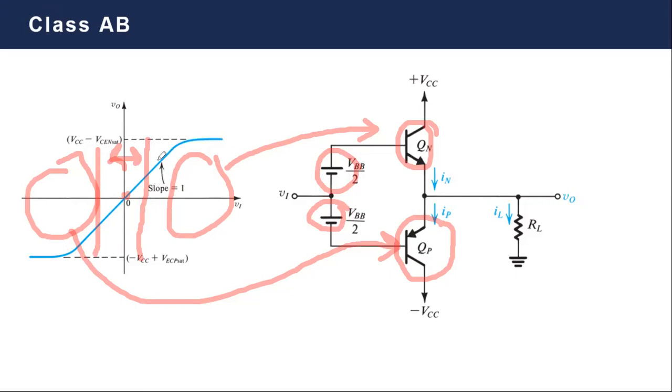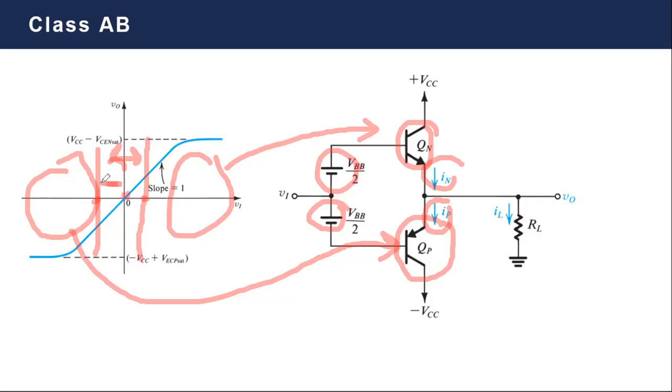When you go to the positive side, the current due to IN increases and the current due to IP decreases till you reach the boundary at this point where QP turns totally off, and your operation is mainly due to QN. And vice versa will happen at this point.